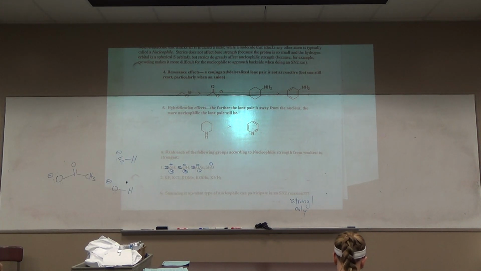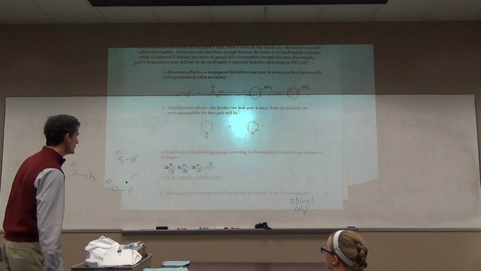Why? Mainly because the nucleophile is involved in the rate determining step. Since the nucleophile is involved in the rate determining step, it needs to be strong enough to do something. Because the rate determining step is the difficult step. That's why it's rate determining. You've got to have a strong nucleophile to do an SN2.